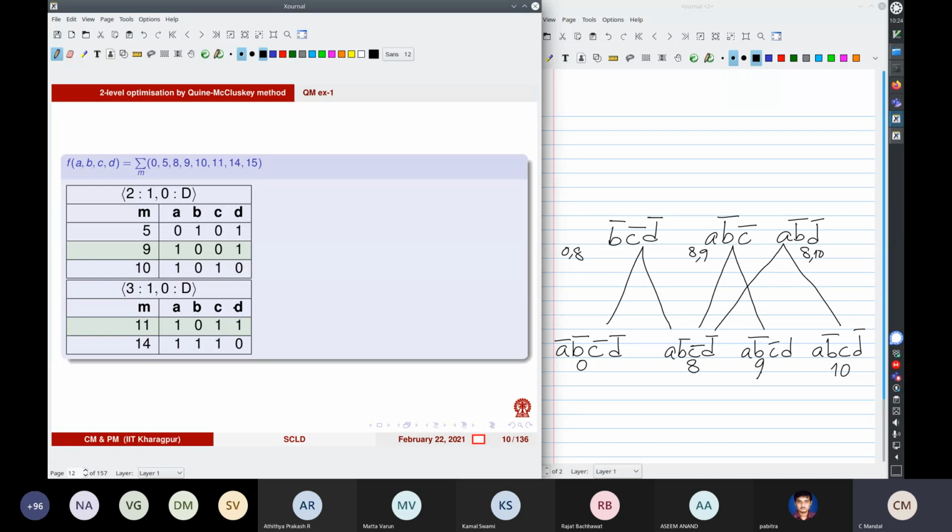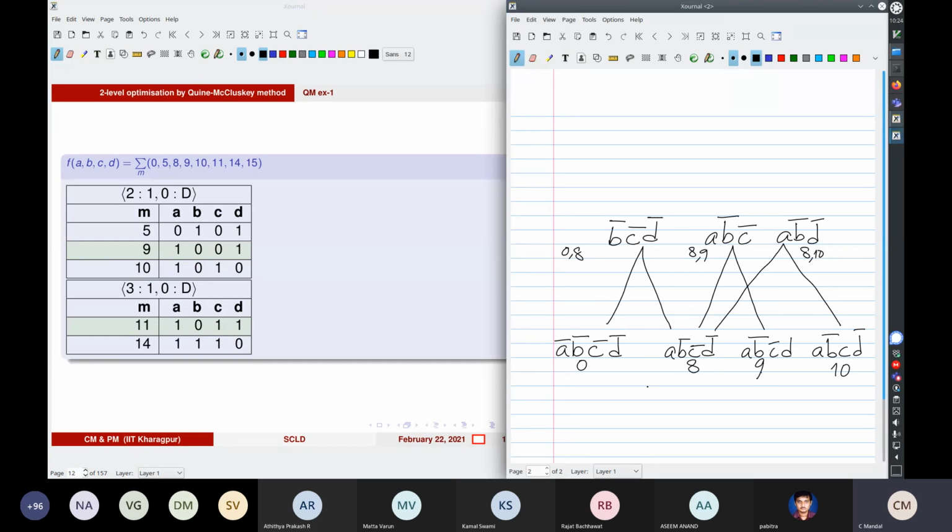Let us write this somewhere. This is A bar, B, C bar, D. This is 5. We have not been able to combine it with anything. Now we already got 9 here. As you can see, 9 and 11 are adjacent.